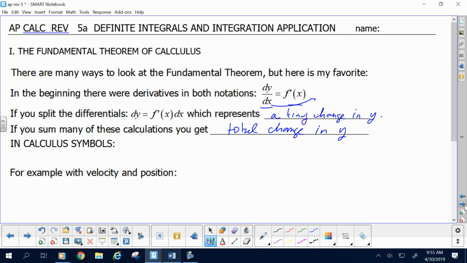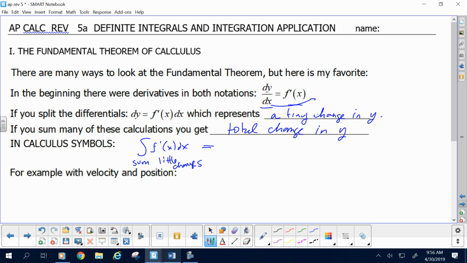If you make lots of little bit of change, little bit of change, little bit of change, you add them all together, you get all the change, or the total change. Now in calculus then, when you sum many little changes, it gives you total change in the function.